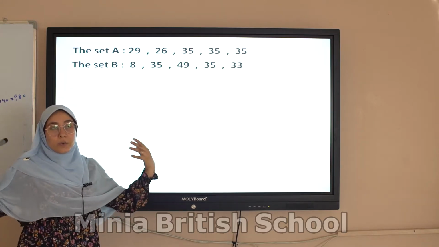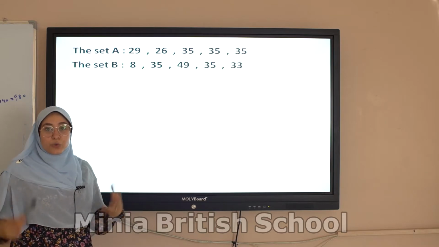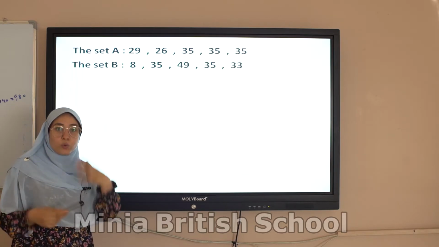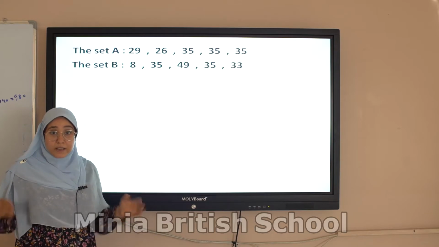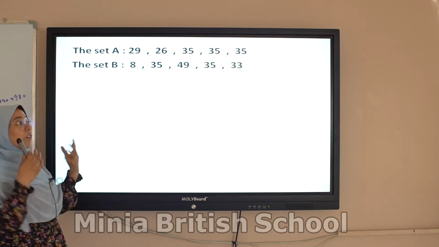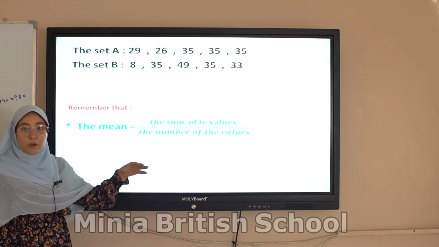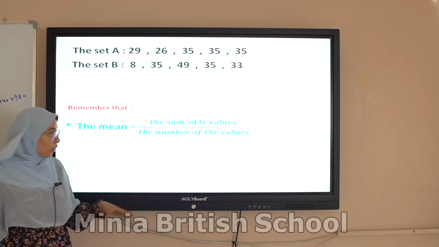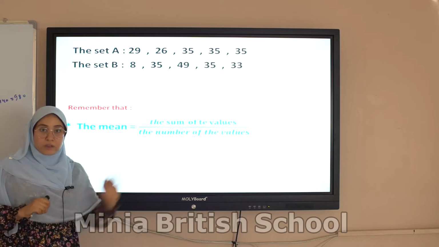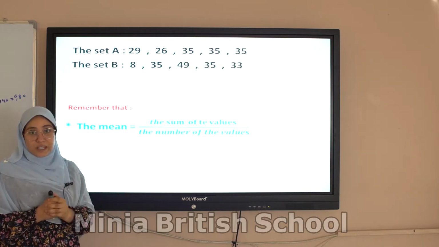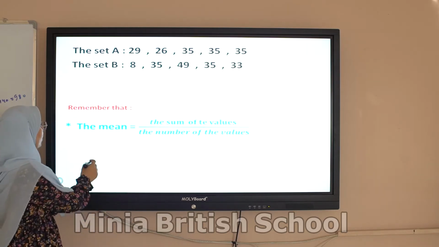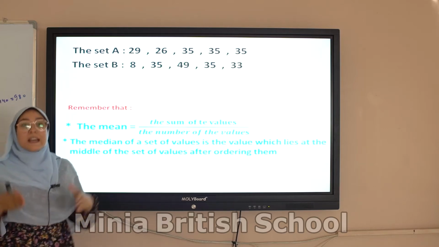So we have studied before how to calculate the mode, median, and mean in grade 7, okay? So the mean equals the sum of values divided by the number of the values, okay? And also the median is what?